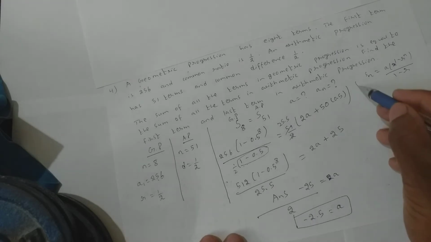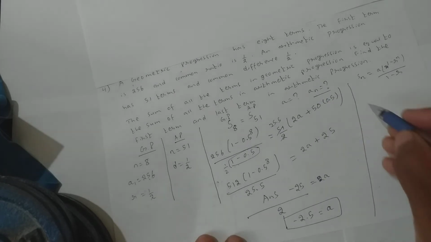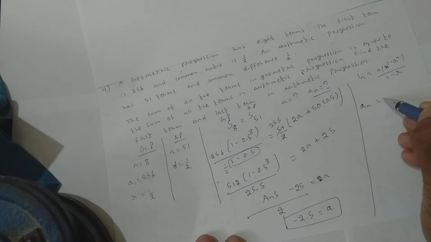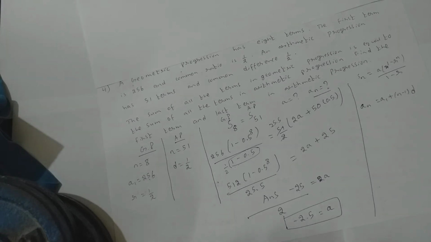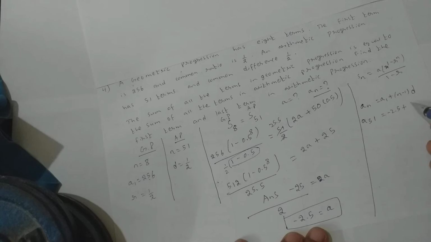We found A. Next, what else are they asking? An also. An is nothing but A1 plus n minus 1 into d. Do I know n? Yes, which is 51. So A51 equal to A, which we got as minus 2.5, plus 50 into d, which is 0.5.